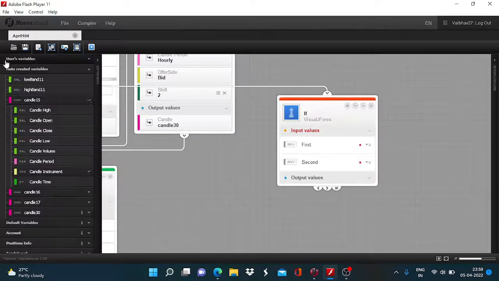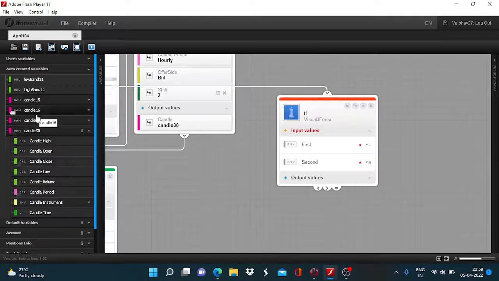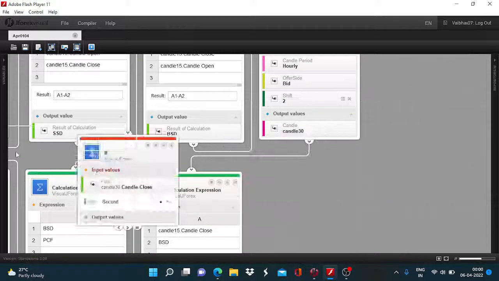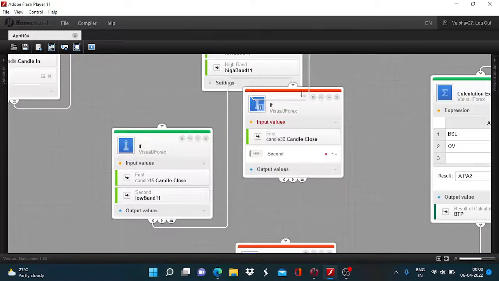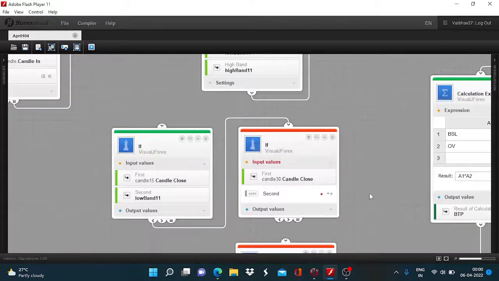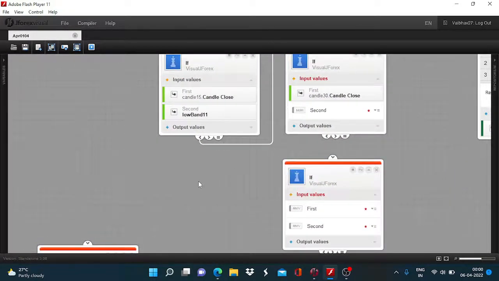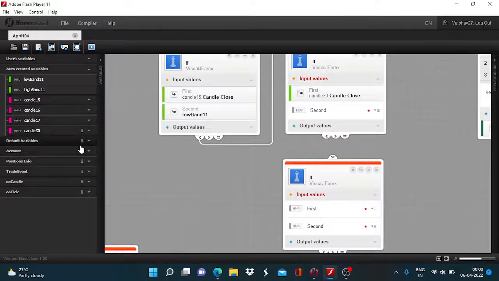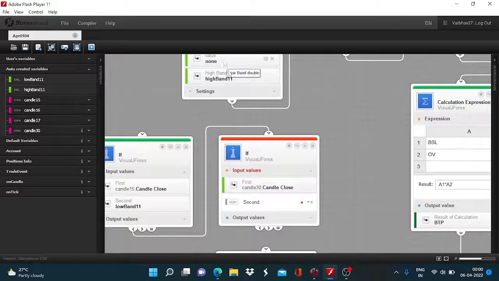So we consider candle 30 candle close and compare it to the low band 11.